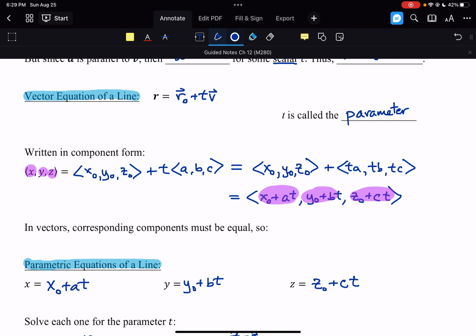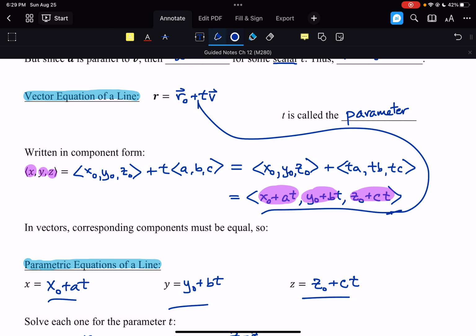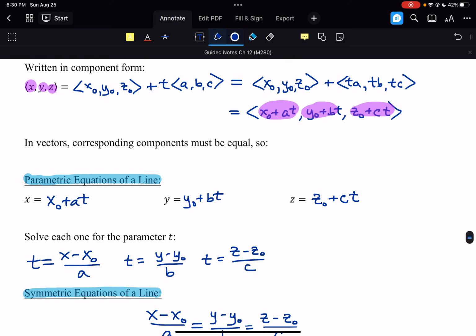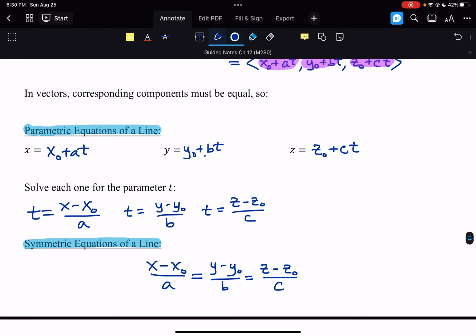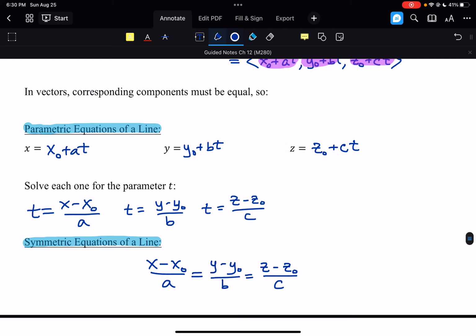If you want to go backwards, recombine those into the vector, and you can put it back in this form. If you want to get the symmetric, do what we just did here: solve for t and then combine together, or undo that process to go back to the parametric equations. So all of them are interchangeable, and you need to be familiar with all three versions depending on what the questions are asking of you.